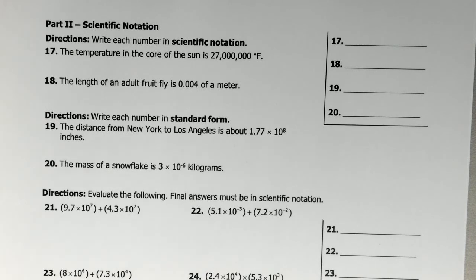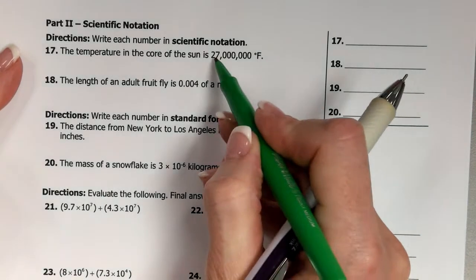So 17 said the temperature in the core of the sun is 27 million degrees Fahrenheit. All right, so where's the decimal right now? Yeah, it's behind that last 0. And where do we want the decimal to move? Yeah, we want it right behind the first number.